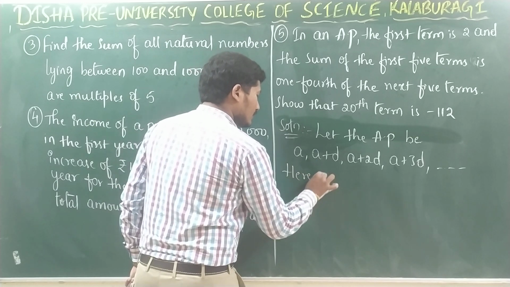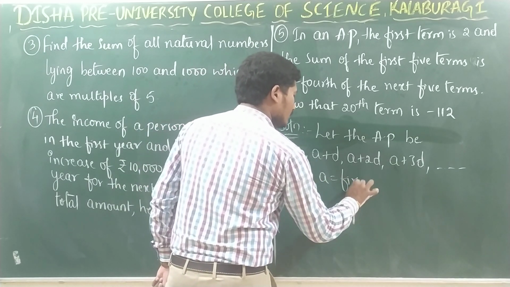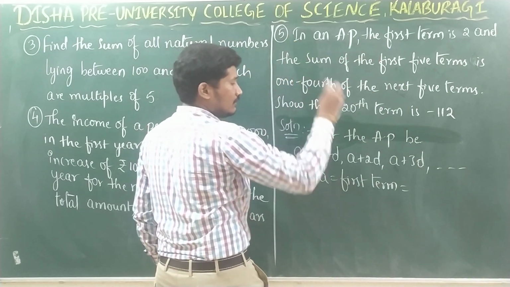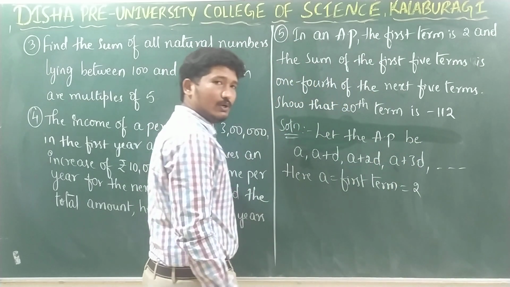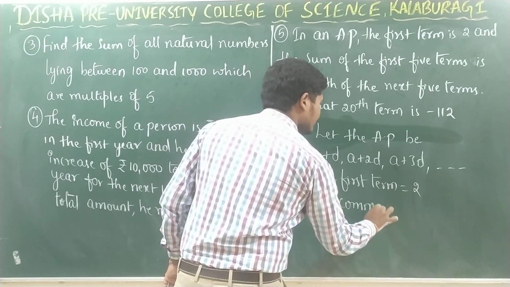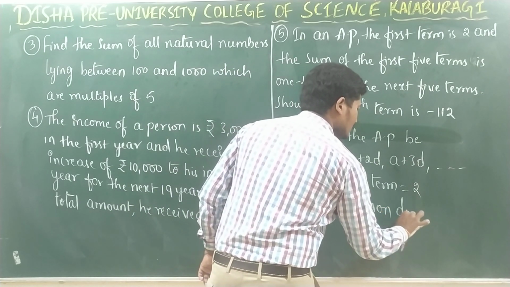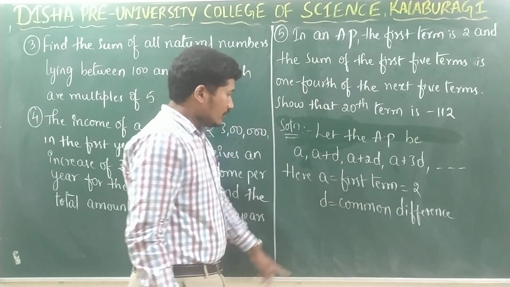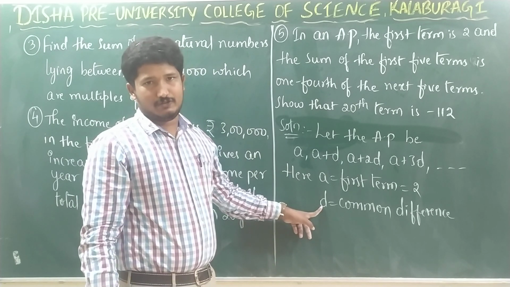The first term of the arithmetic progression is given, and it is equal to 2. And d here is what? The common difference. We don't know the value of the common difference.